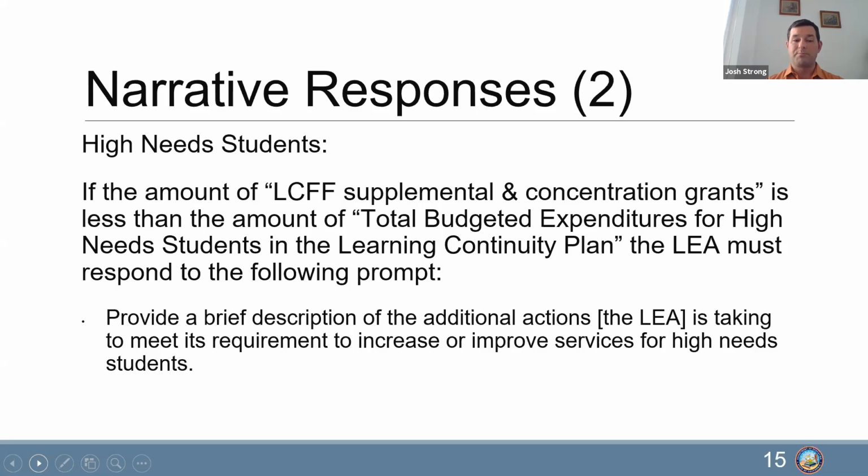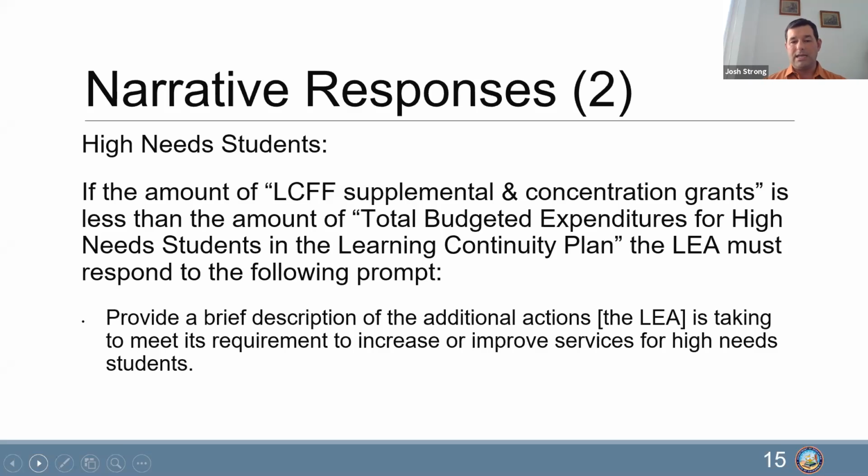The prompt reads, provide a brief description of the additional actions the LEA, and the only reason that's bracketed is because within the budget overview for parents template, it will populate the name of the LEA. So provide a brief description of the additional actions the LEA is taking to meet its requirement to increase or improve services for high needs students.